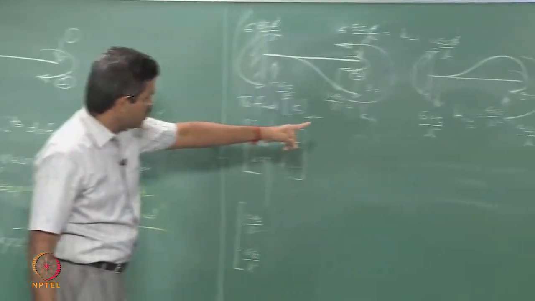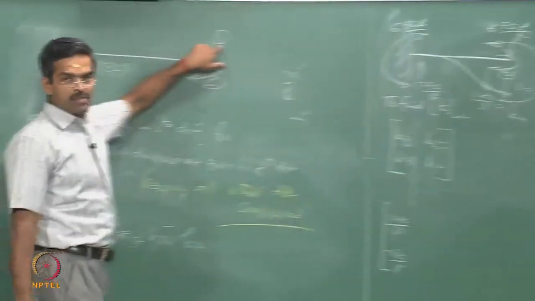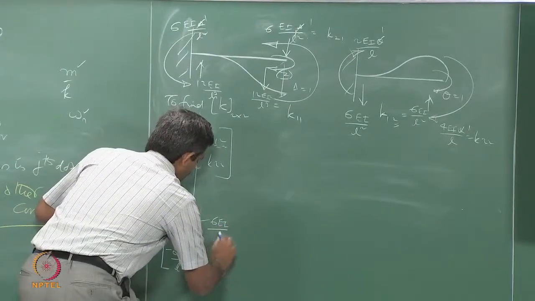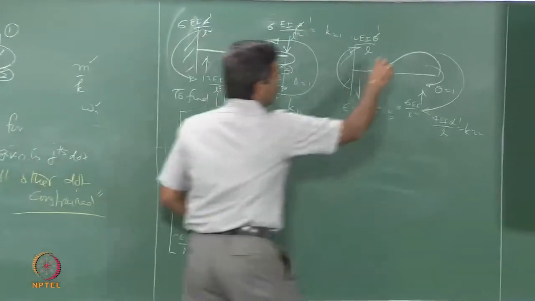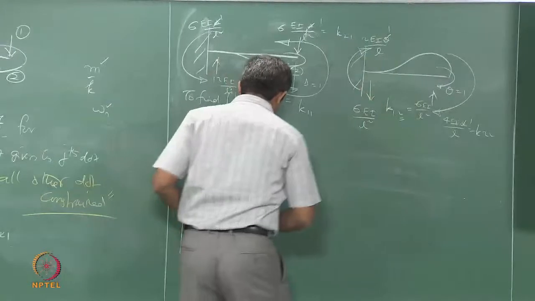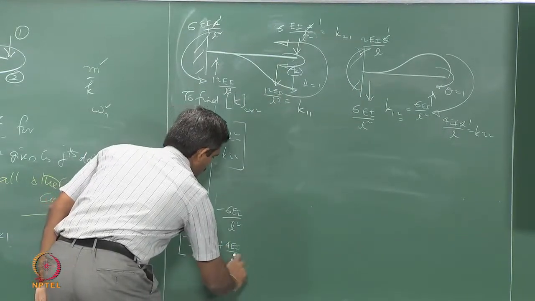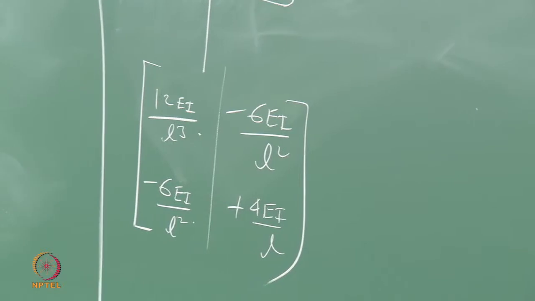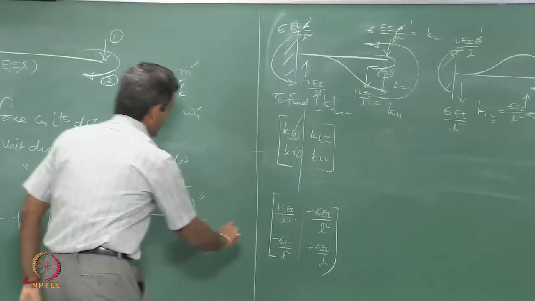K12 is going to be 6 EI by L square, but it is upward, whereas the original degree of freedom is downward, therefore minus 6 EI by L square, and K22 is clockwise, my 2 is also clockwise, so plus 4 EI by L. This is my K matrix.